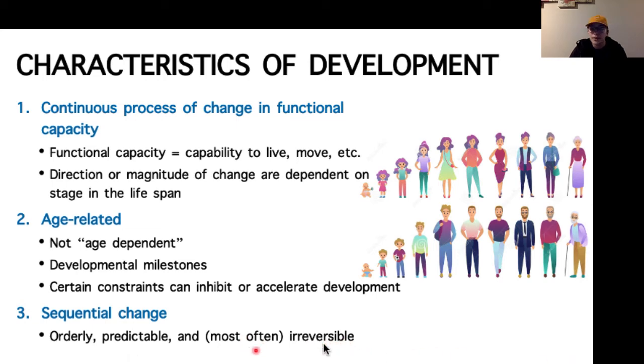We say usually because when we start talking about body systems, particularly like the neural system, as well as muscular and bone, all of those things you might know from anatomy or physiology do begin to deteriorate with age. So more often than not, development in the big sense is orderly and predictable, most of the time irreversible.